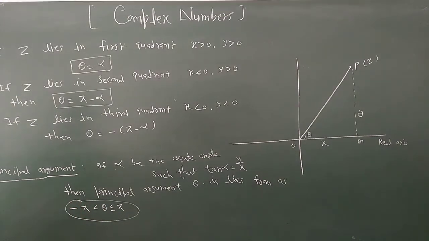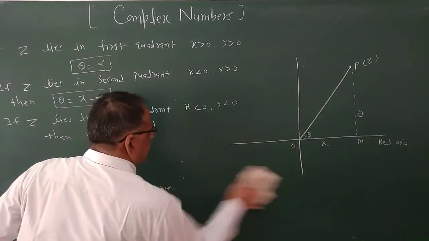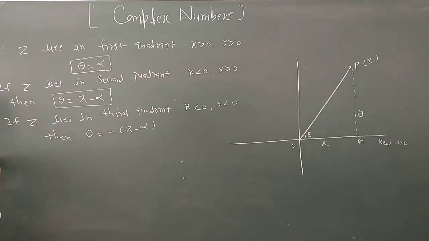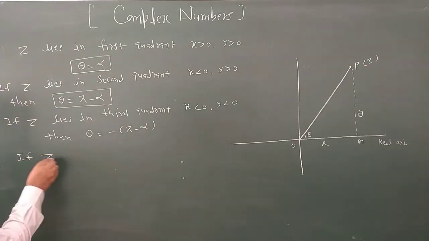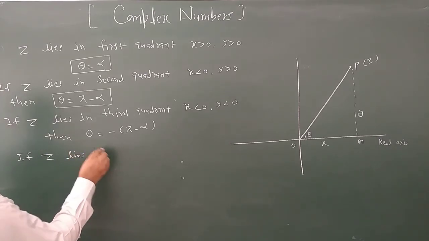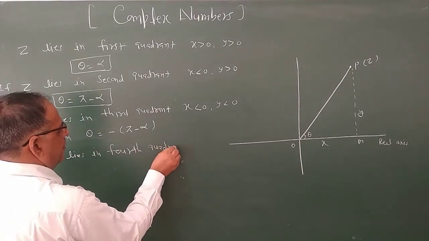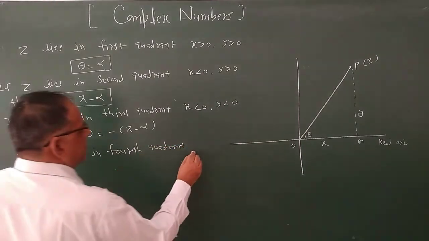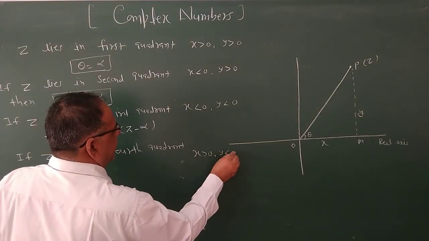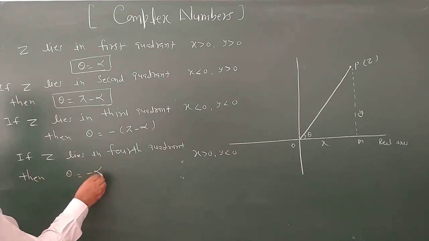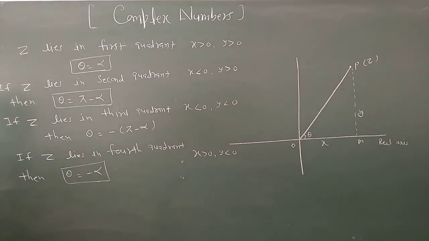And finally, if z lies in the fourth quadrant, meaning x positive and y negative, then the principal argument theta equals minus alpha. So this is how we can find the principal argument of a complex number in different quadrants.